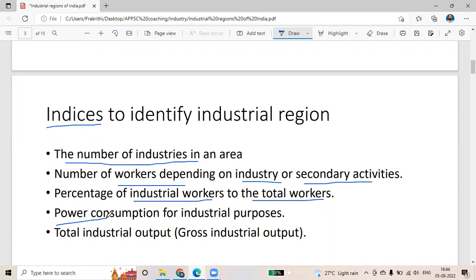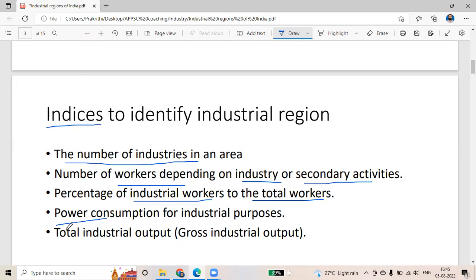Like where there is coal production, there will be industrial concentration. Otherwise, where there is a dam, like Jamshedpur, near that there is the Damodar Valley project, so they are concentrating near that. How much power they use is another criterion to identify an industrial region.